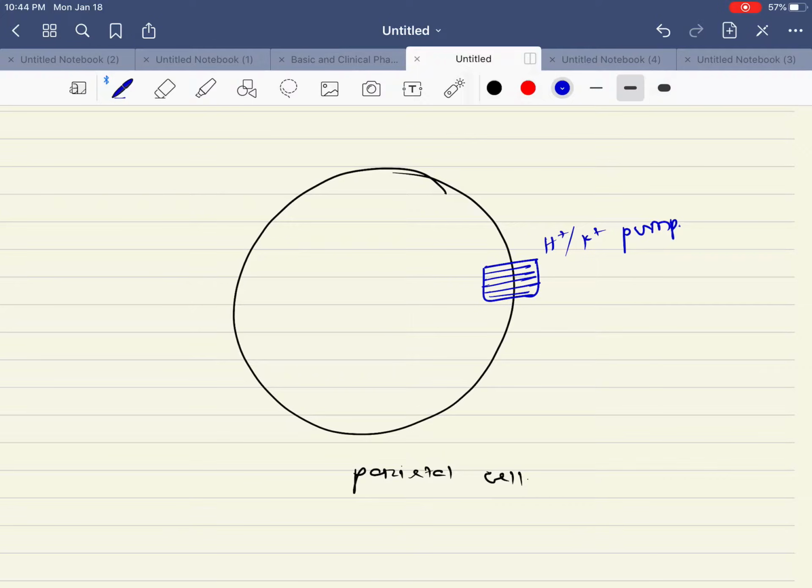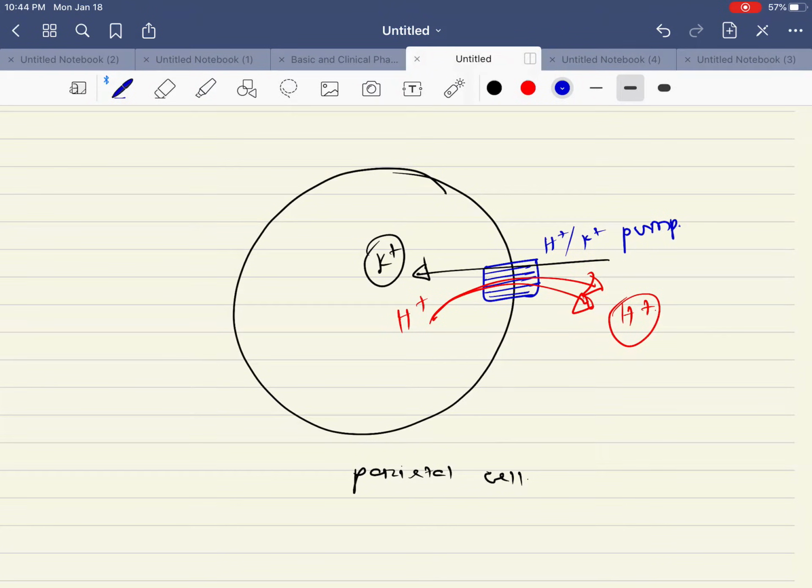From inside the parietal cell, H plus, or hydrogen ion, diffuses out of the cell, and potassium ion enters into the cell.